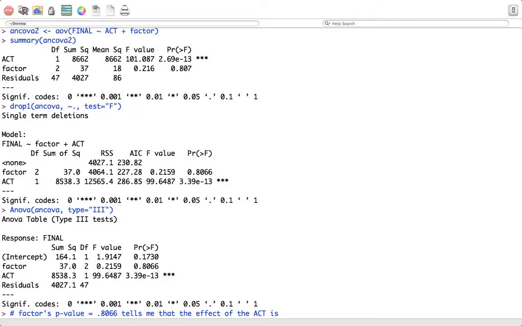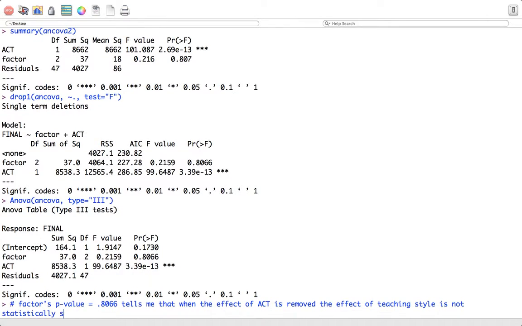Okay, guys, I'm struggling with how I'm going to put this. So the p-value tells me. All right, let's do this. So we can say that the p-value above 0.05 tells me that when the effect of ACT is removed, the effect of teaching style is not statistically significant.